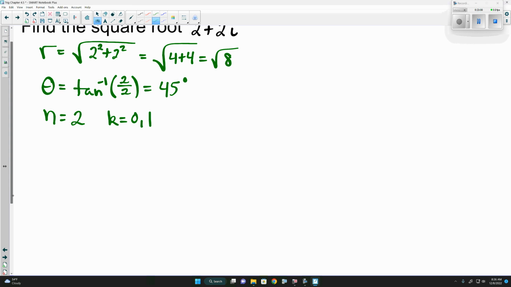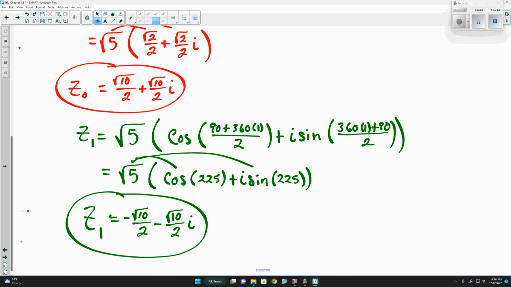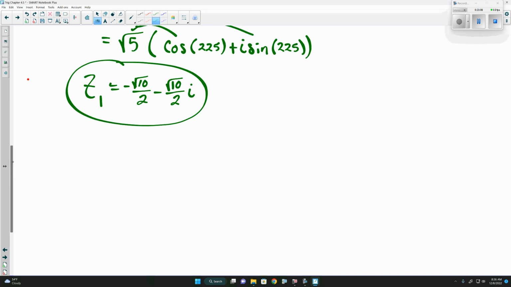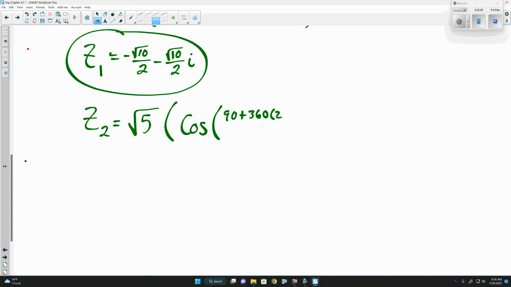Now, I'm going to go back to the previous one because we already kind of had it worked out to show this here. You don't have to write this down. We could say z of 2, which would be the 5th root of 5 times cosine of 90 plus 360 times 2 over 2. And we would go on.